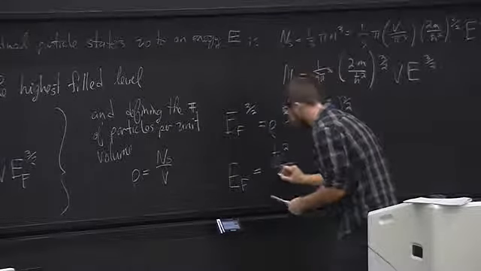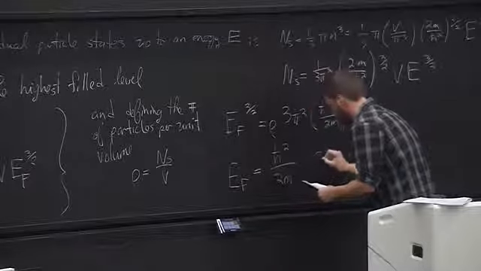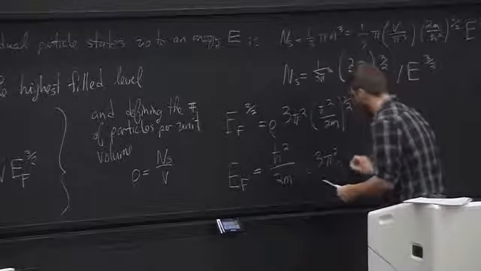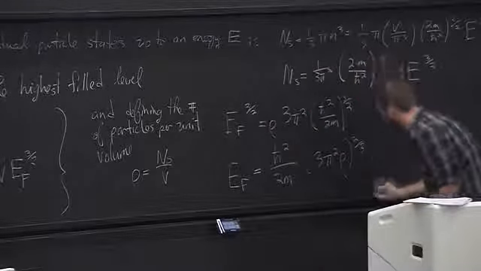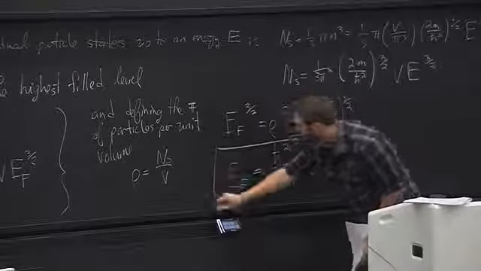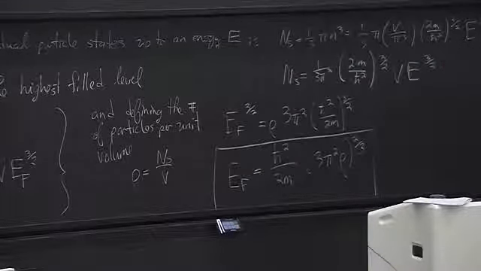So h bar squared over 2m. That's the energy of that outer layer, that outer level, sorry. Okay? There's a wave vector associated with that. So of course, E is equal to h bar squared k squared over 2m.